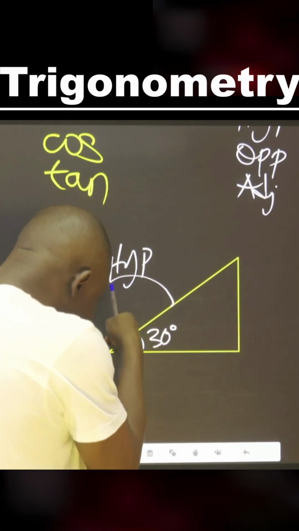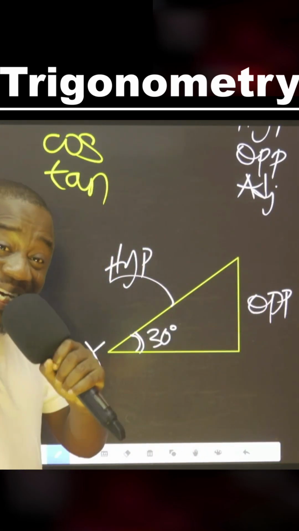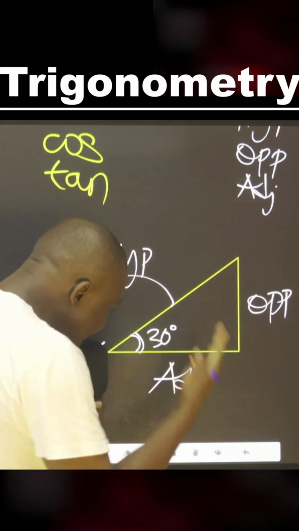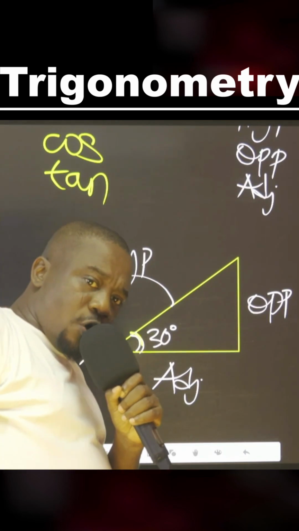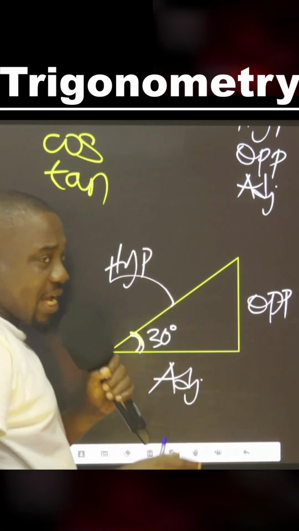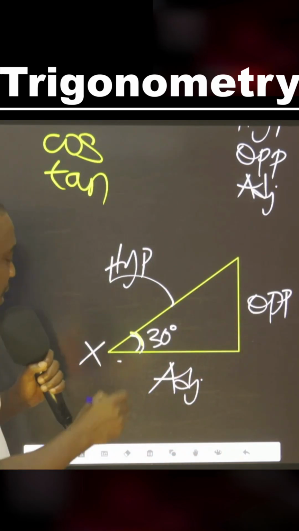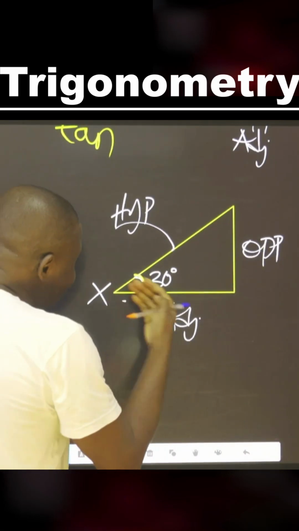Who is facing this angle? This. That is the opposite. The remaining one is the adjacent. And you agree with me that this line is actually close to this angle, something that is close to you. It's close. Where you are close to somebody, this line is close. So it's the adjacent.